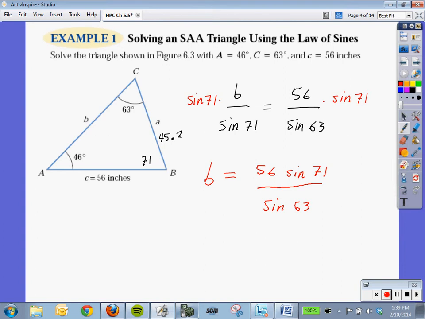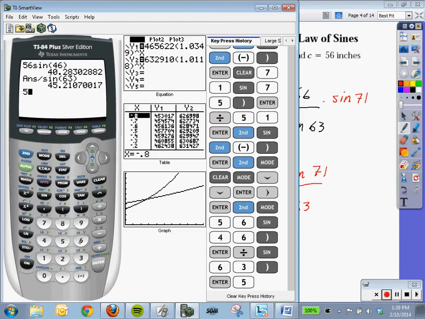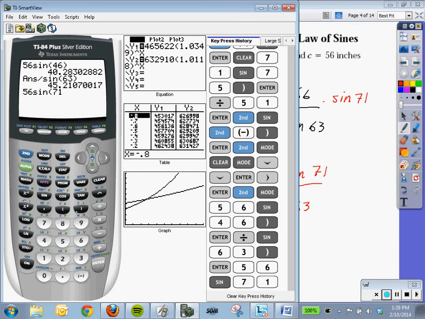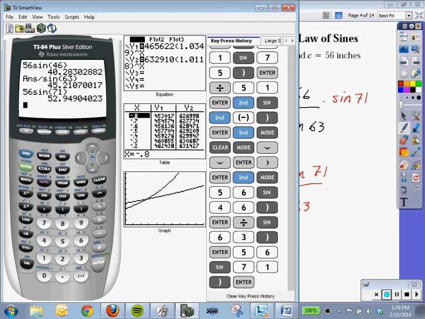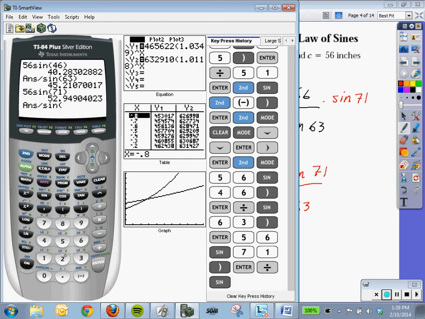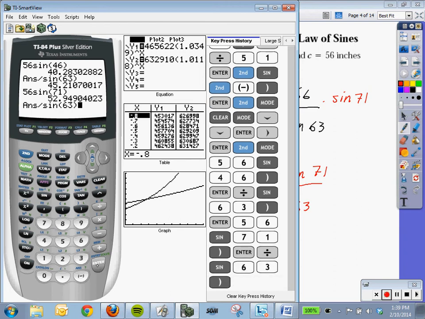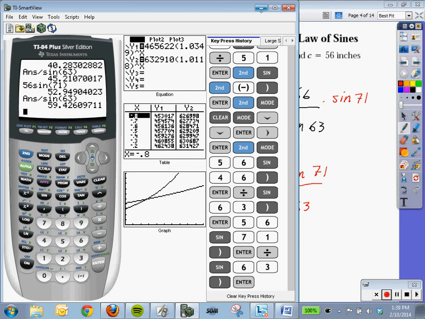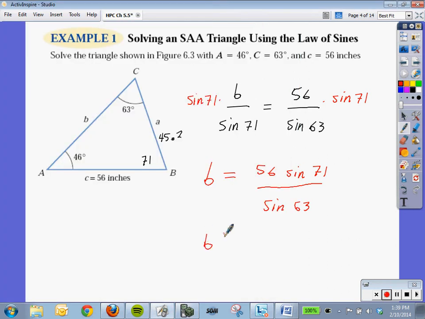So from here, we got 56 times the sine of 71 divided by the sine of 63, and that gives us 59.4. So b is 59.4. And I shouldn't write equals, I should say that's approximately, right?